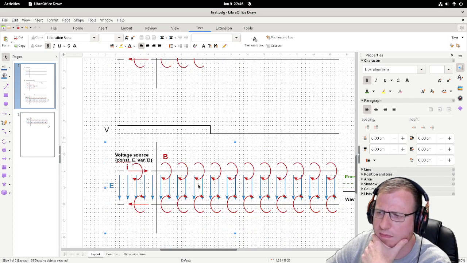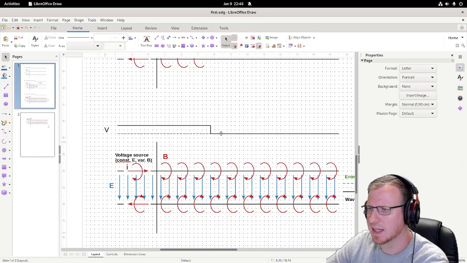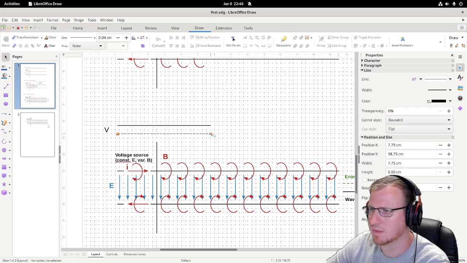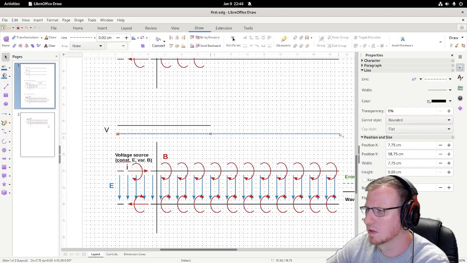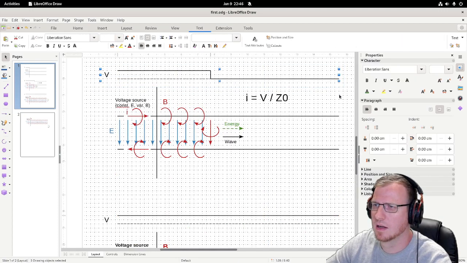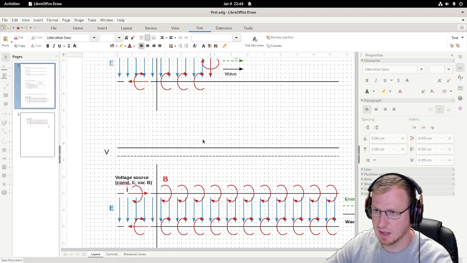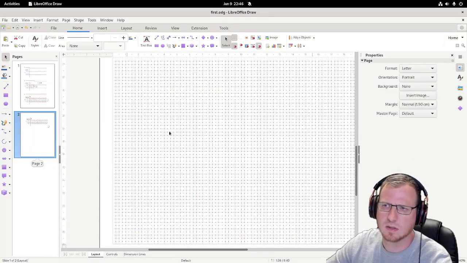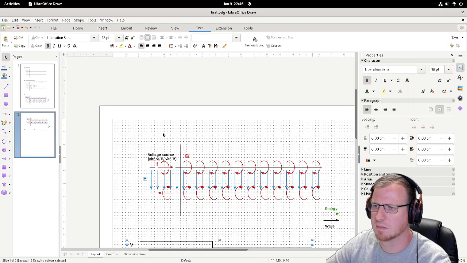Yes, hopefully. So, and at the end, the whole line has the same voltage. But as I told you, it is not stopping. The magnetic field is not stopping.